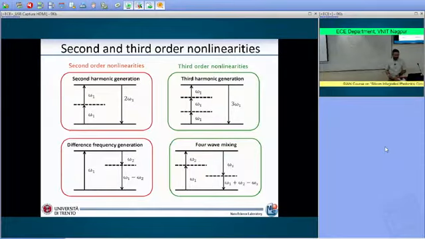Or we have another process, which is the process that we are using in order to generate entangled photon sources, by which 2 pump photons sum up in order to generate a signal and an idler photon, whose energy is linked by the property that the sum of the signal and idler photon energies should be equal to the sum of the 2 energies of the pump photons.